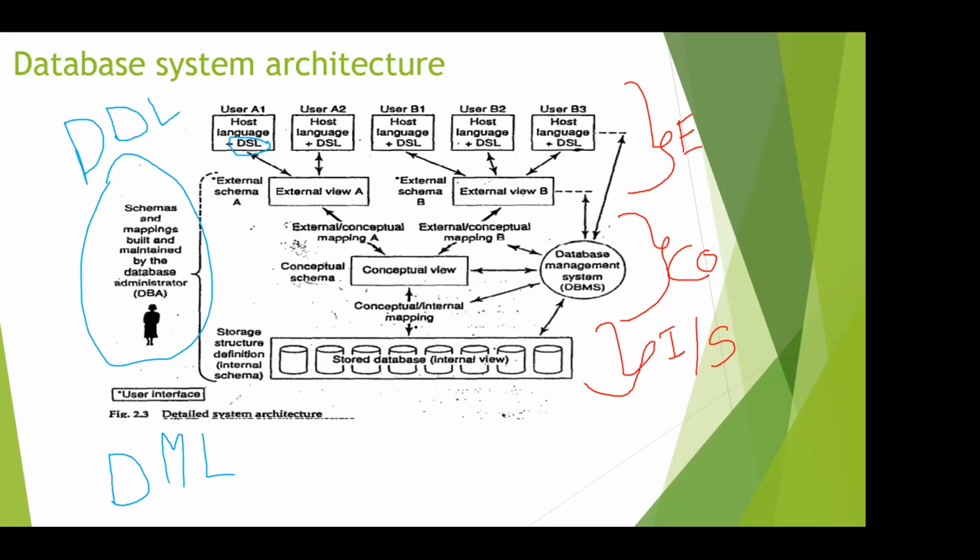Okay, coming to the lowest level, the internal level or storage level, or we can say physical level. Here it uses the internal schema to store the data in the database storage device.